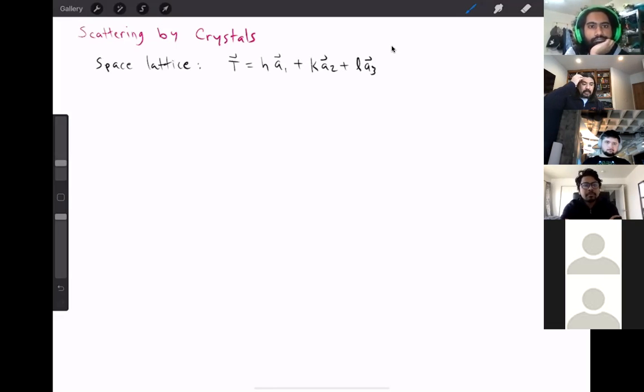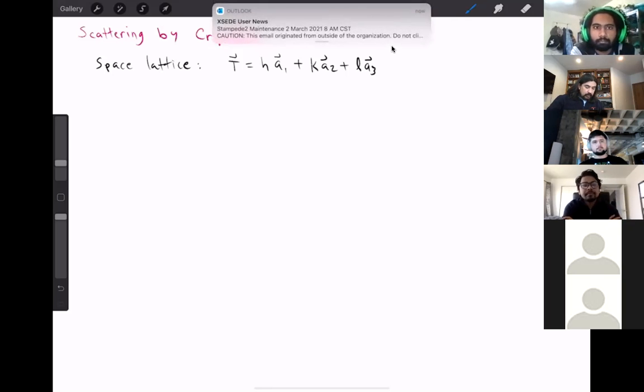So this space lattice has translational symmetry. And then there are other symmetries depending on what space lattice we're talking about. These symmetries are due to the repeating nature of the lattice. We also have a basis set.